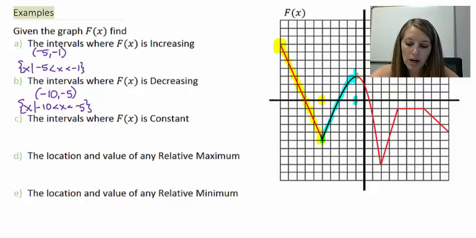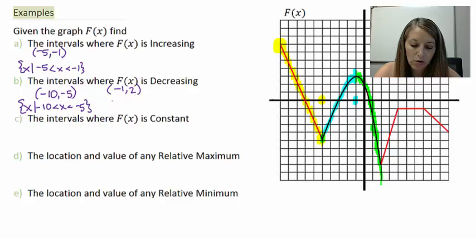Moving on, starting at -1, if I trace my graph again, it is going down. Therefore, it is decreasing, and it decreases all the way to this x value right here, which is 2. So my next interval is decreasing from -1 to 2, or in set builder notation, x between -1 and 2.